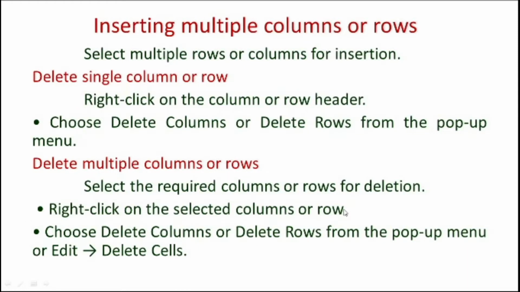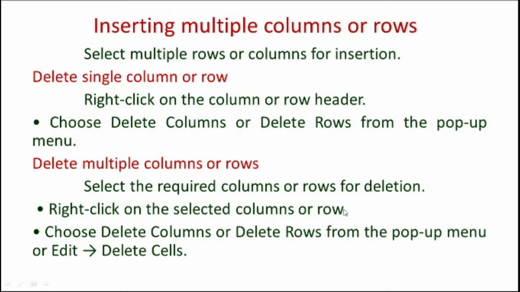Delete a single column or row. Right click on the column or the row header. Choose Delete Columns or Delete Rows from the pop-up menu. Delete multiple columns or rows. Select the required columns or rows for deleting. Right click on the selected columns or rows.